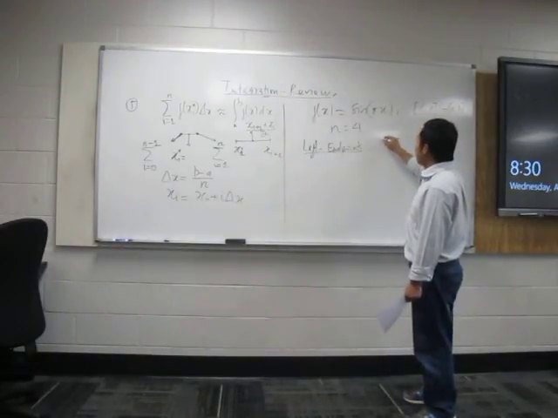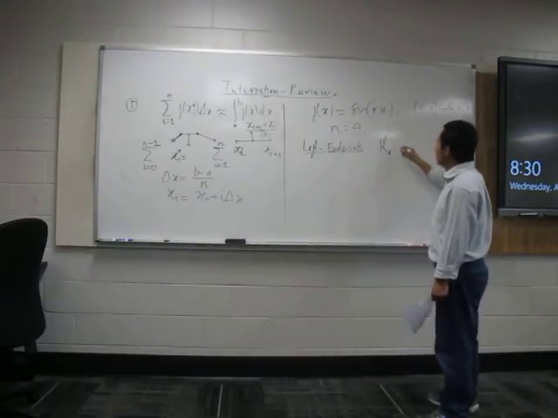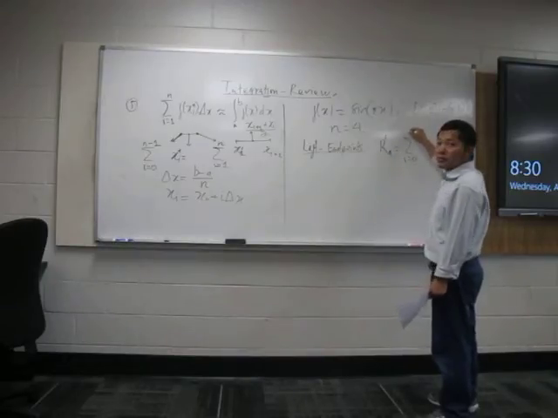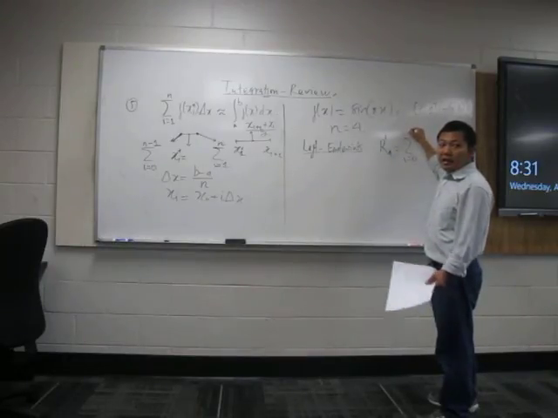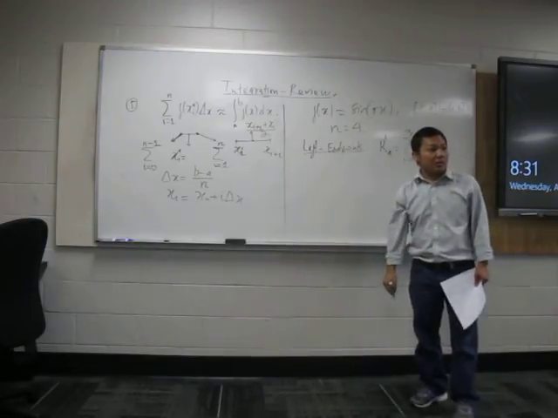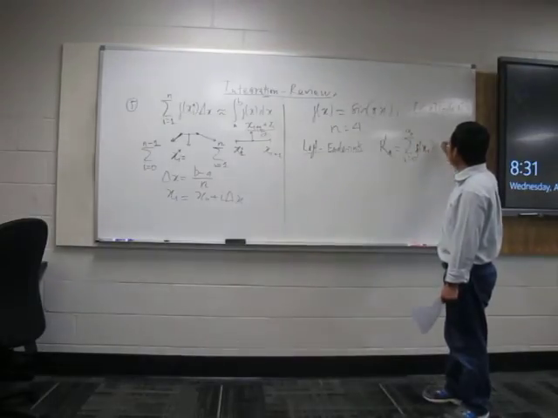I get the Riemann sum with the left endpoint for n equal to 4, equal to the sum from i equals 0 to n minus 1, which is 3, of f of xi times delta x.